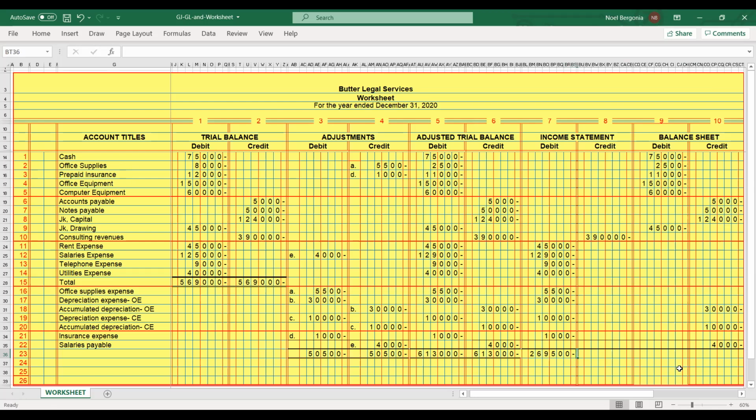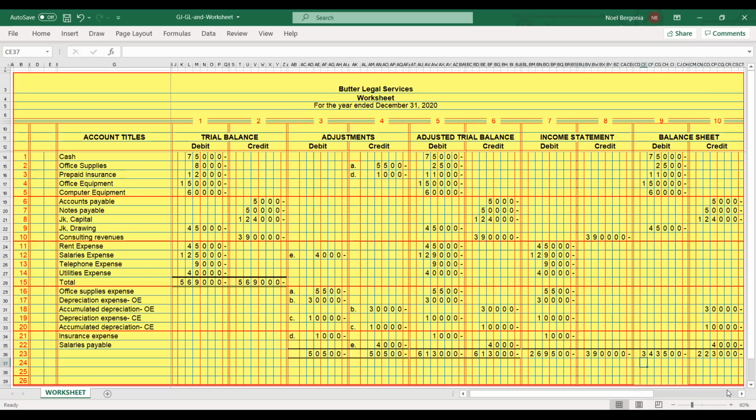Okay? Then the credit side is 390,000. Okay, may mga magre-react na, sir, bakit hindi equal? Mamaya, let me explain. Sa balance sheet debit side naman, ang total niya is 343,500. And then for the credit side of the balance sheet, it is a total of 223,000.